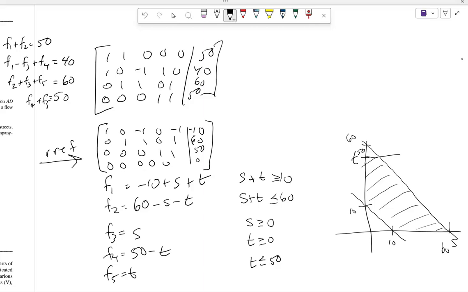One of the reasons why I wanted to do this is, not an application we're going to do this semester because we just don't have time, but there is an entire subset of linear algebra called linear programming, where you're trying to either maximize or minimize a function based on constraints. These would be referred to as the constraints. You might be trying to figure out where in this region maximizes output or minimizes costs or something along those lines.